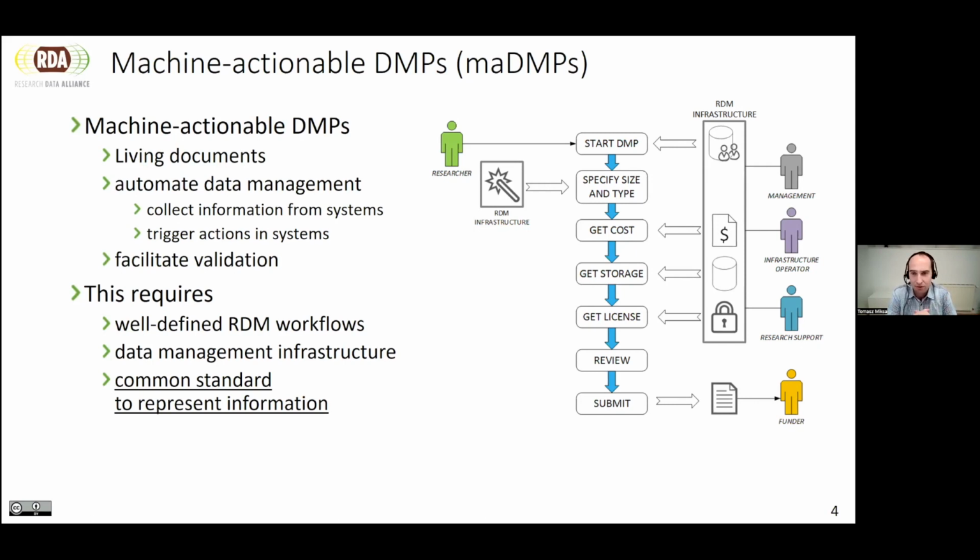So for example, information about the costs and also booking of the storage could come from the infrastructure operator. Information about the license can be provided by the research support or data stewards. Many researchers don't really think about the license, and they will just use the license that is recommended to them, and only in special cases will they actually know what they want to do, and know why they are special and why they want a different one.